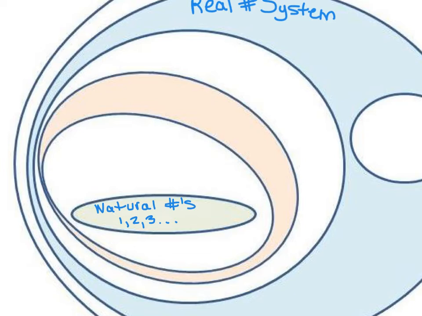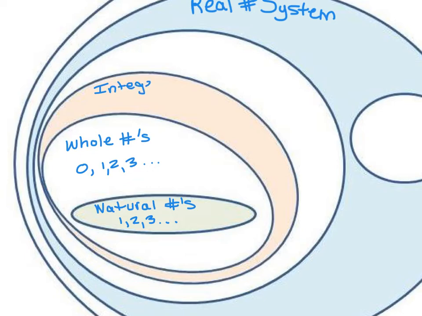And the next set above the natural numbers is when we add the number 0. We call those the whole numbers. So whole numbers are the natural numbers, including 0. Then if we take a step further and go up the ladder into a bigger set, we call those the integers.